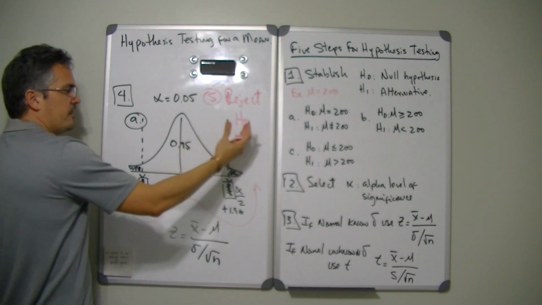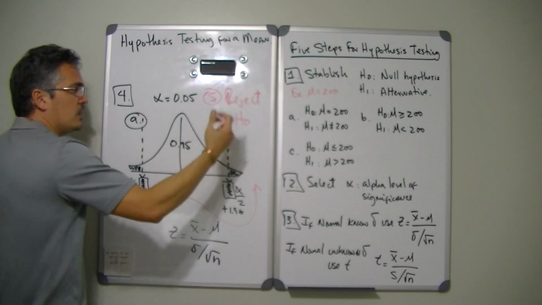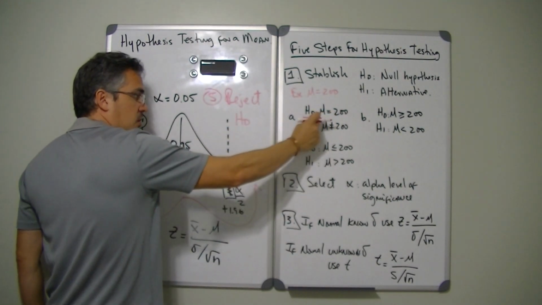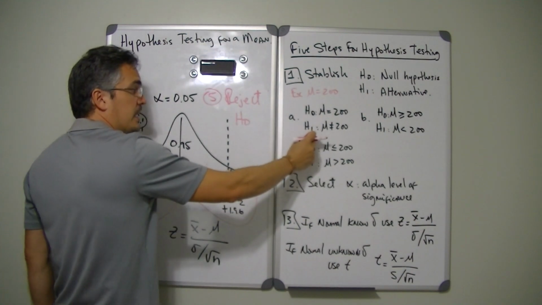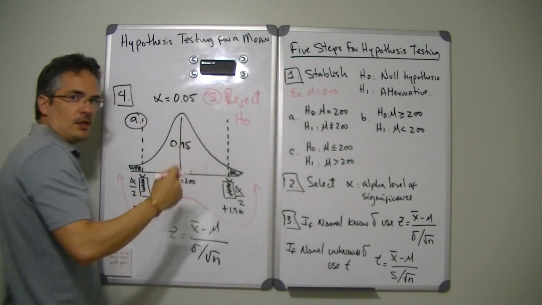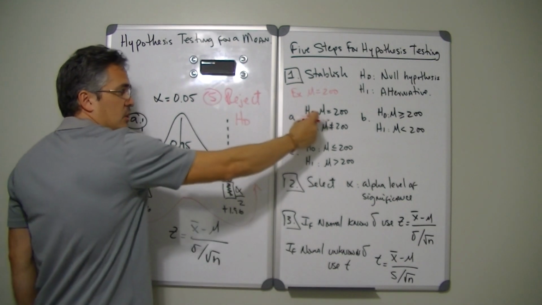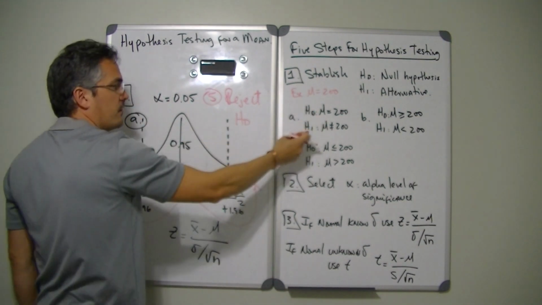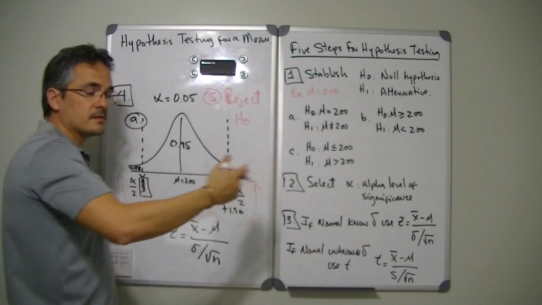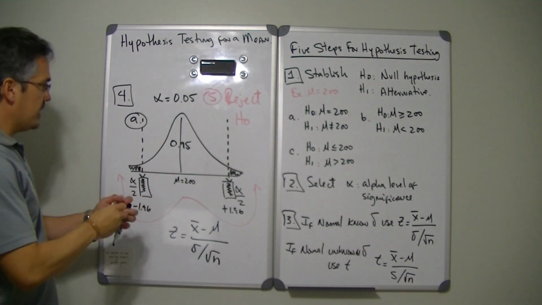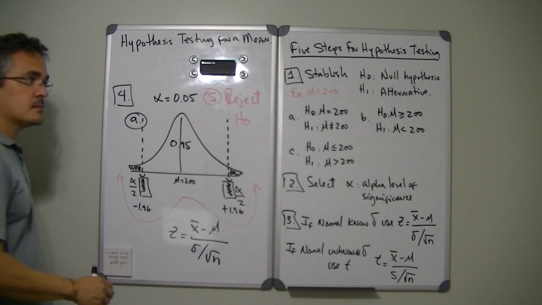So the idea here is that when we reject H0, we are saying that H0 is incorrect and therefore H1 is correct. If we say we do not reject H0, then what we're basically saying is H0 seems to be correct and therefore H1 is incorrect. Alright, so again this is if we have setup A.